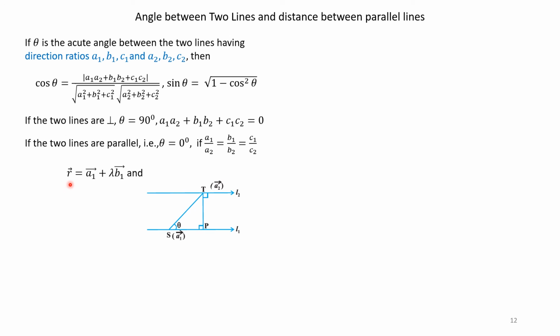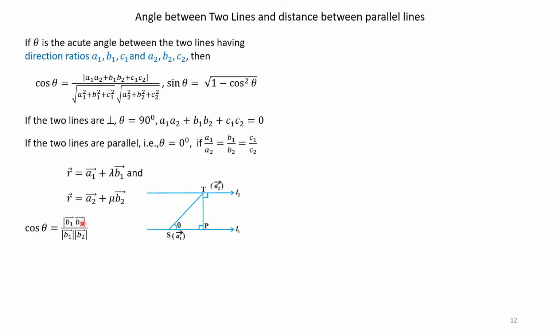And R is given by these relations when two lines are parallel. R is equal to A1 plus lambda B1, and R is also equal to A2 plus lambda times B2.